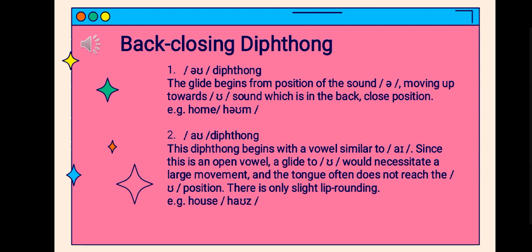Here we have a clear explanation. In the O diphthong, the glide begins from the position of the starting sound, moving up towards the O sound, which is in the back close position. For example, home. Once more, home.